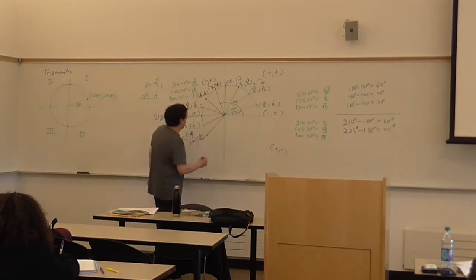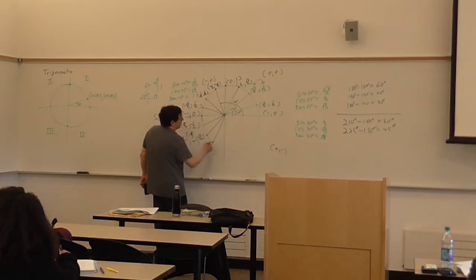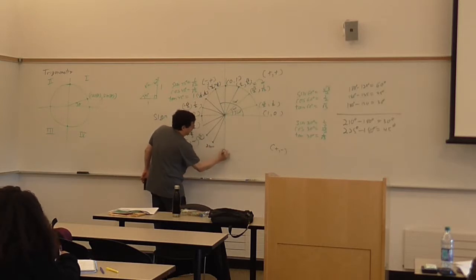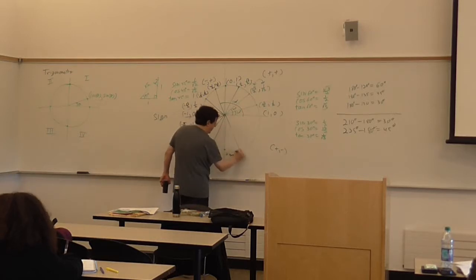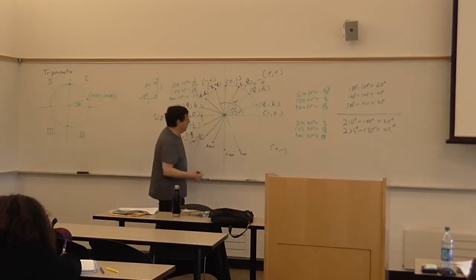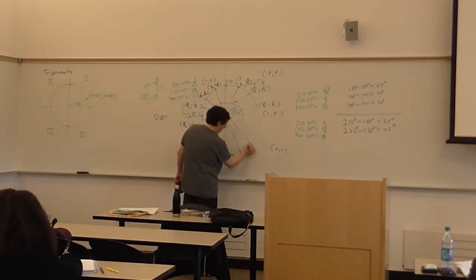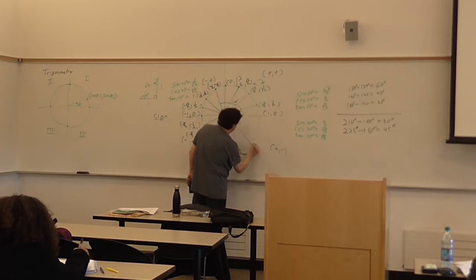I'm not gonna go through all the cosines and sines, but I just want you to hear. Here we have 180 plus 60, so that's 240 degrees. Here we have at the bottom 270. 30 degrees further will be 300 degrees. These are all angles that we can get the exact sine and cosine of. 270 plus 45 is 315.